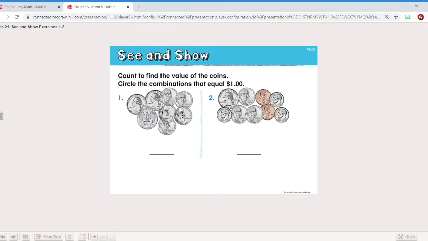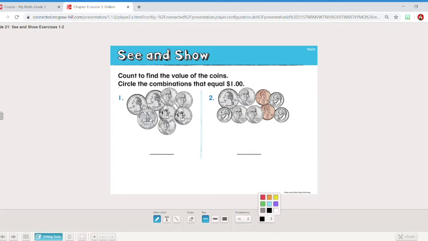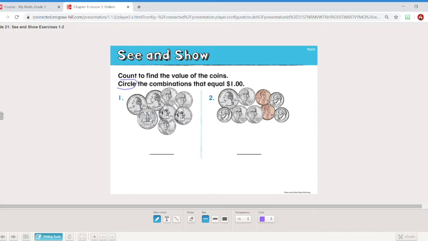Let's go to our first 2 problems that I would love to solve here with you. So it says count to find the value of the coins. Circle the combination that equals $1. So I think some of these will equal $1 and some won't. So I want to take note that it tells me to circle the combinations that equal $1.